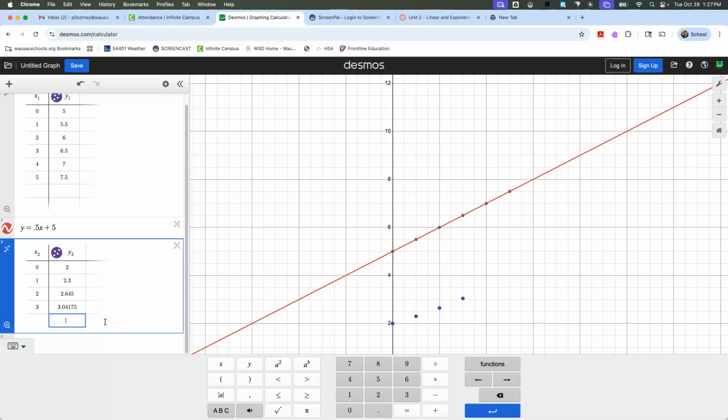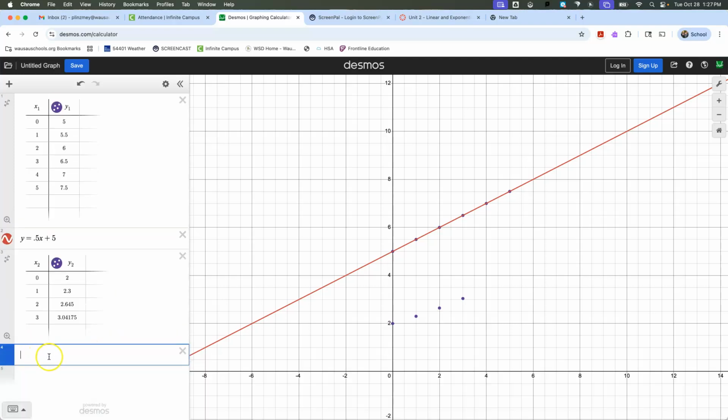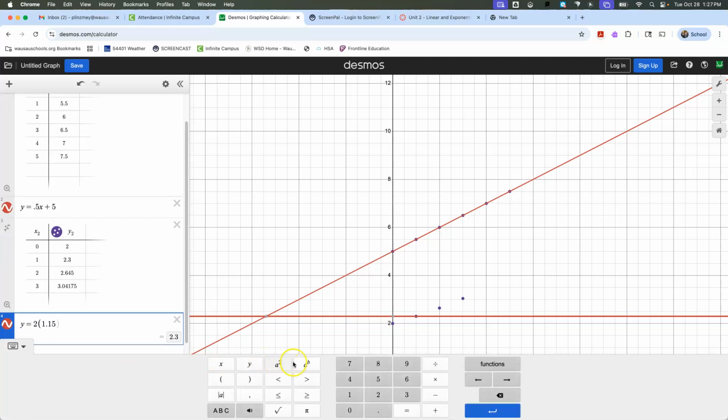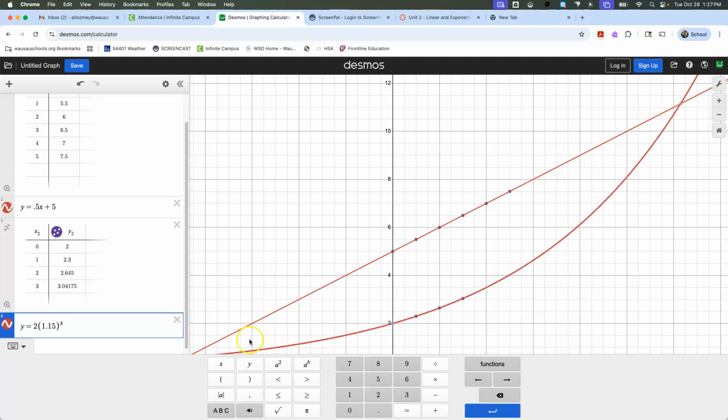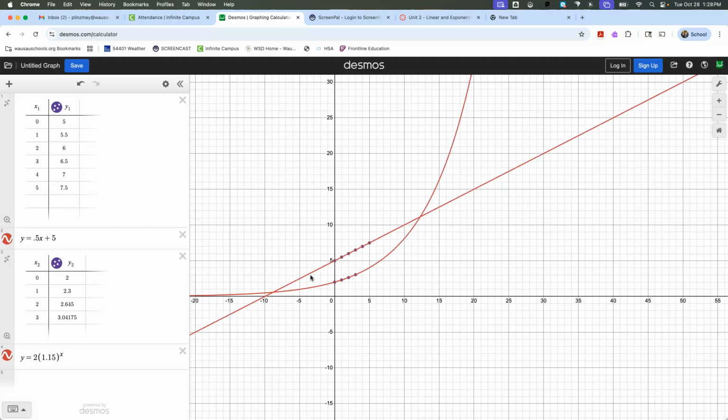And we said that that one then was y equals 2 times 1.15 to the x power. Yes? Okay.